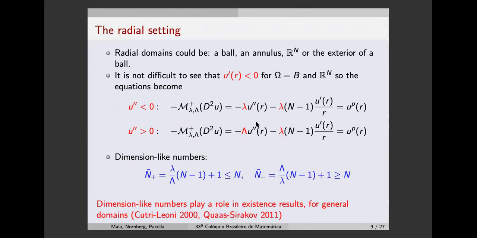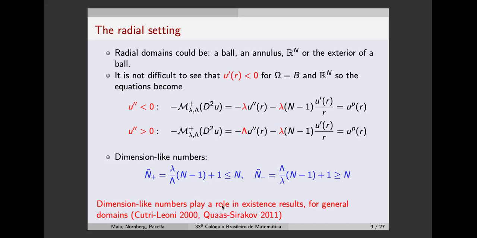If you divide by small lambda, big lambda, and everything, we arrive at these dimension-like numbers, n tilde plus, given by this sum, which is less than or equal to n, and n tilde minus, given by this sum, which is bigger or equal to n because of this ratio.